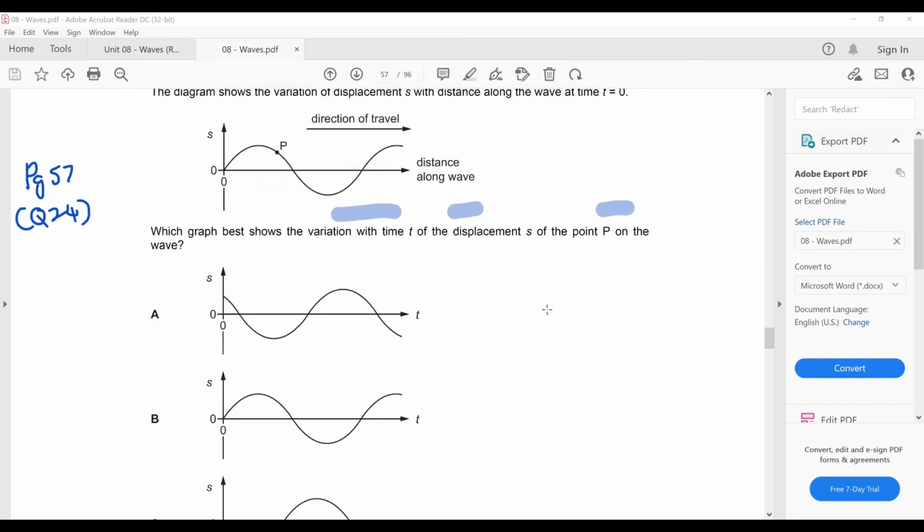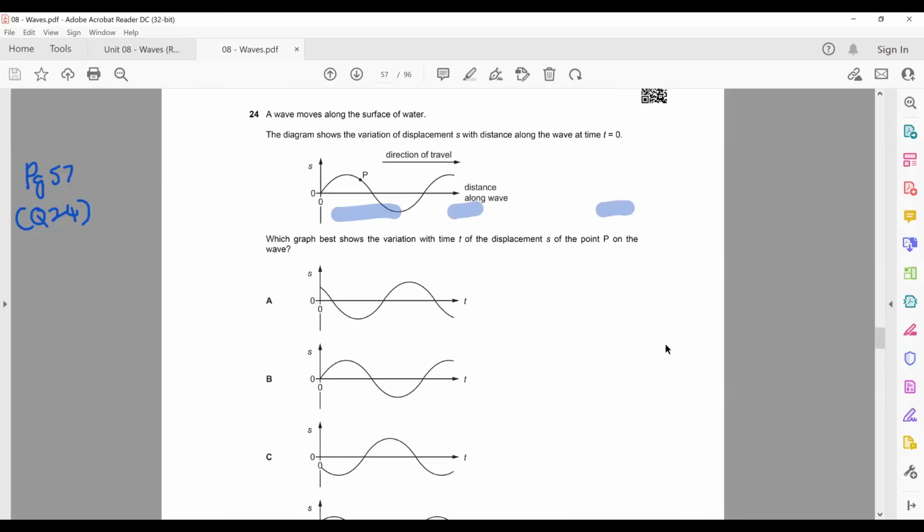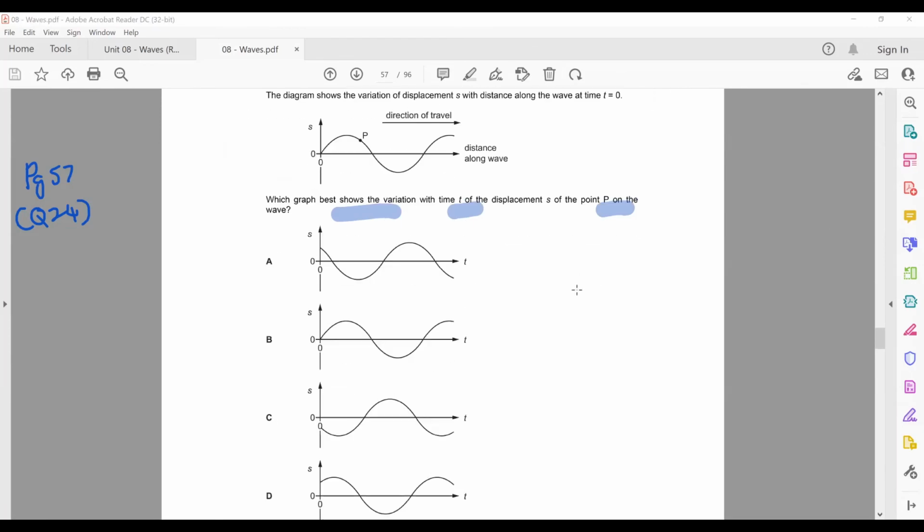This one is something a bit different. Let me just zoom it out so you can see everything. They mentioned to you that this one is a displacement distance graph.